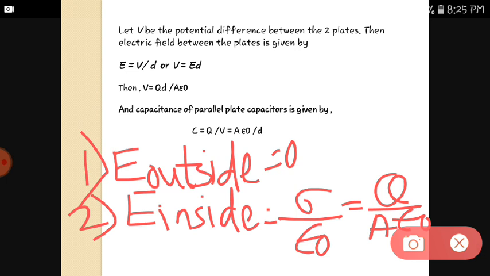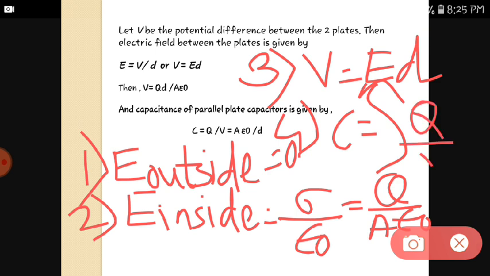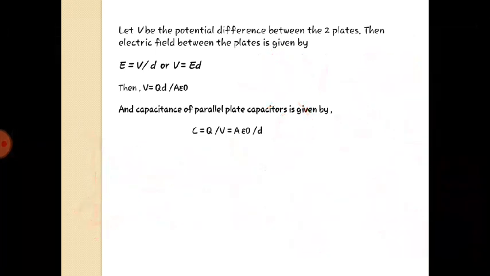Then what is V? Third point, V is nothing but E into D. Now you can put this value over here and you are directly getting the value for capacitance. And the fourth one, C, which is Q upon V. These are the only 4 points that you have to remember.